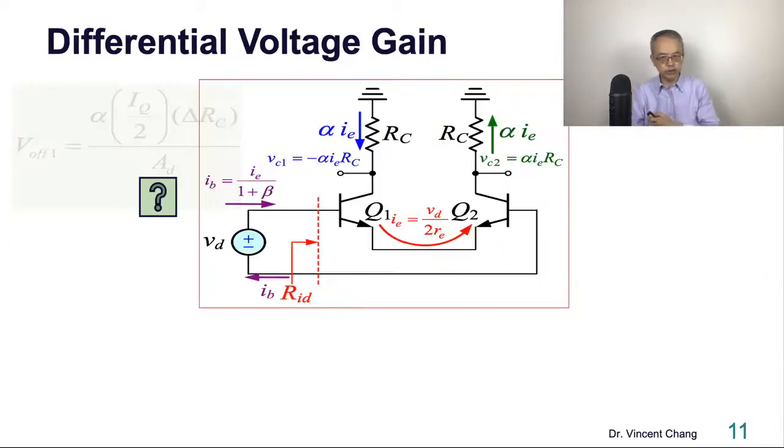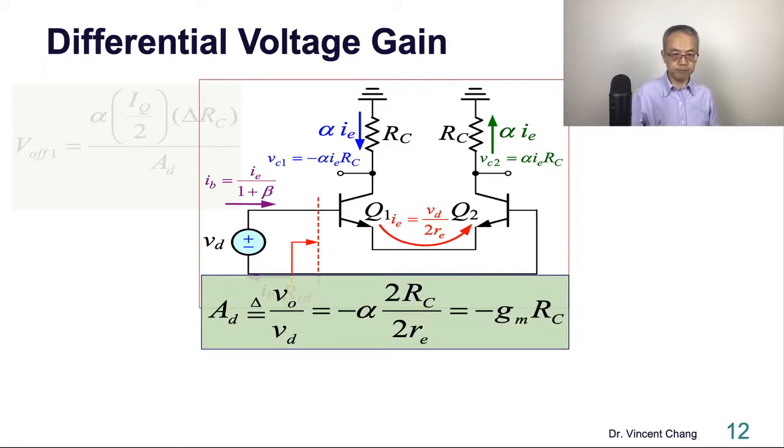What is the differential gain? It's here. Remember, GM times RC, with total collector resistance on top and total emitter resistance on the bottom, and alpha divided by RE equals GM, the transconductance.